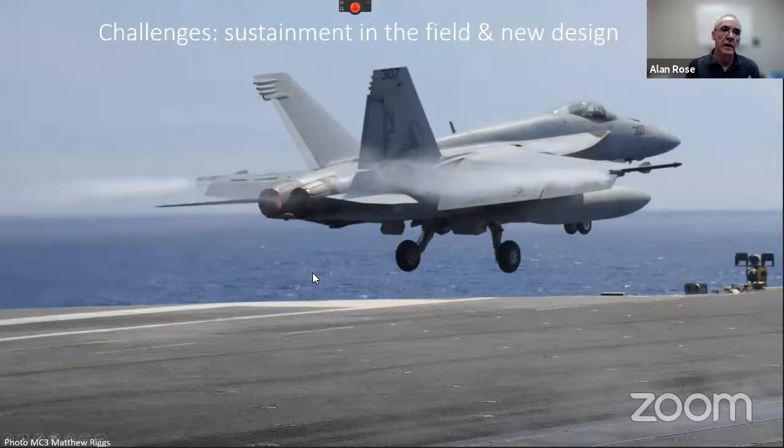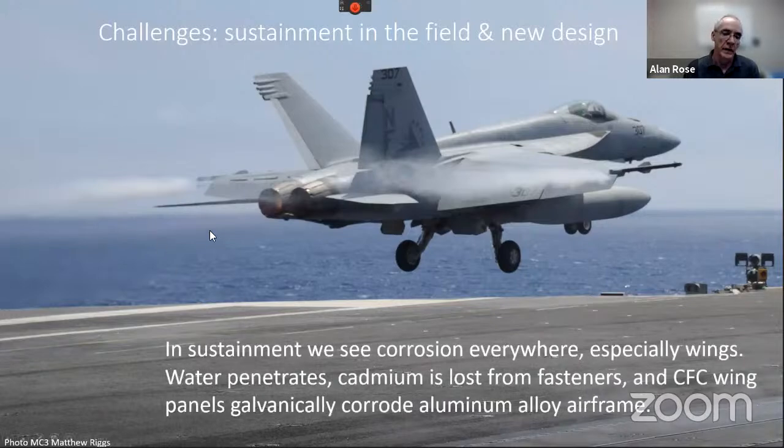Okay, so the challenges, either in new design or in sustainment. That's my excuse for putting an airplane up here. If you have a brand new plane that rolls off the factory floor, pristine, all the coating stack-ups perfect, no corrosion whatsoever. But we always need to remember that these planes will fly in very hostile and very varied environments.